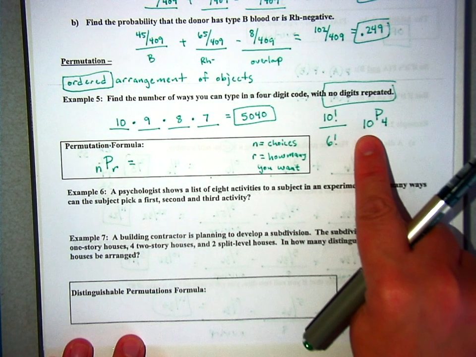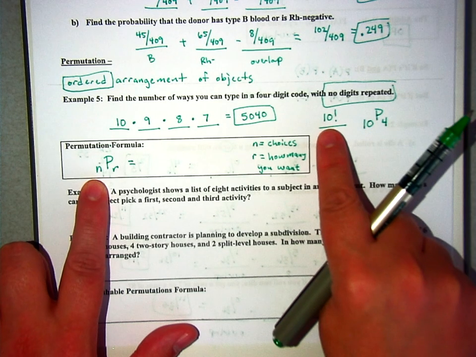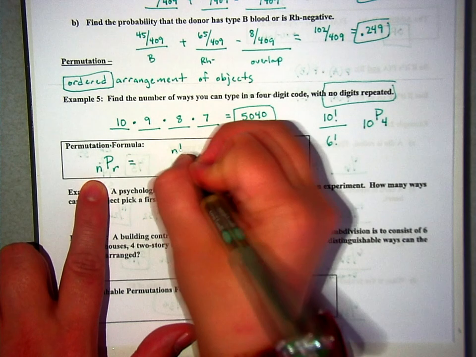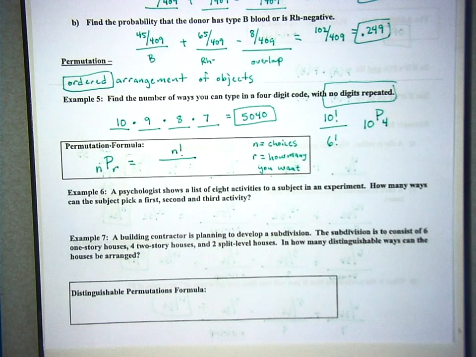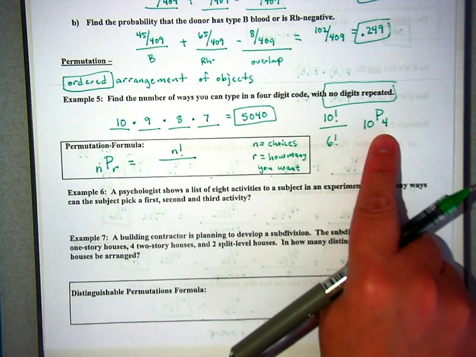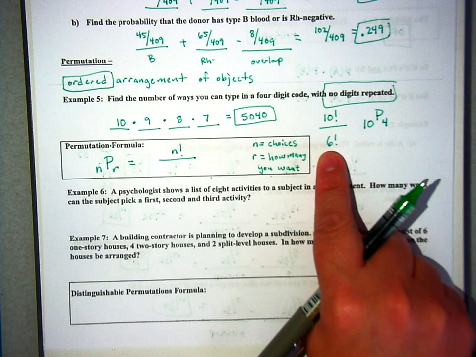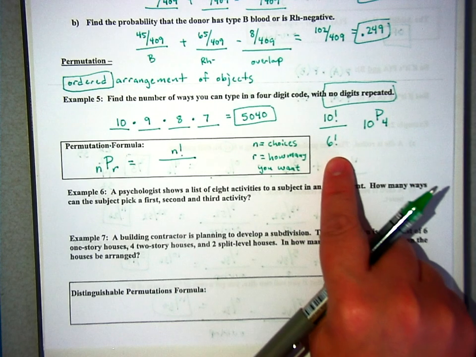So this is 10, right? And that's n. And that's on top. So this would be n factorial on top divided by. How do I do this? He had 6, but we were choosing 4 of them. 6 divided by what? 6 divided by 4 is not.